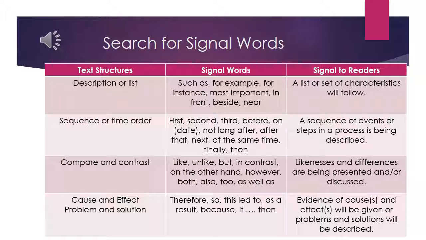Evidence of causes and effects will be given, like the evidence of what happened, of what made this happen, or a problem with solutions will be described. And that's a signal to readers.